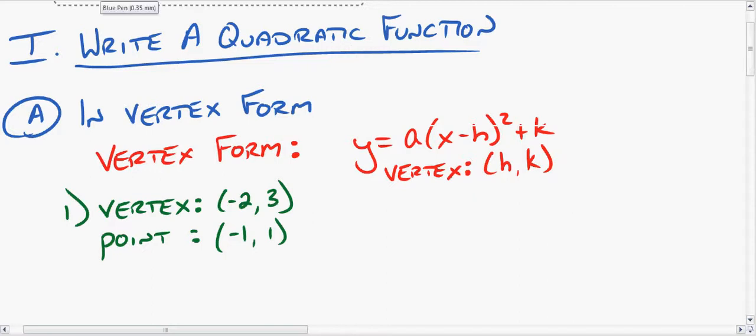The first thing you want to do is plug the values of the point and the vertex into the equation to find the value of a. The given information is that the vertex is negative 2, 3, and the point that we know is negative 1, 1.